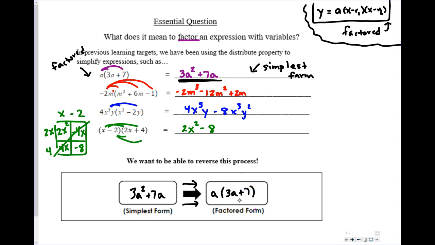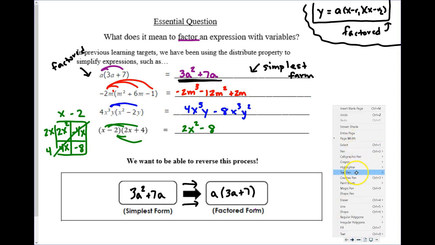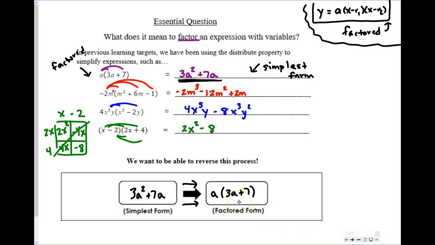So if I gave you 3a squared plus 7a and said, give me a times 3a plus 7, you'd start here, and this would be your answer. That's what this unit is all about, how we can go backwards with what we've been doing going forwards. That's the general idea.